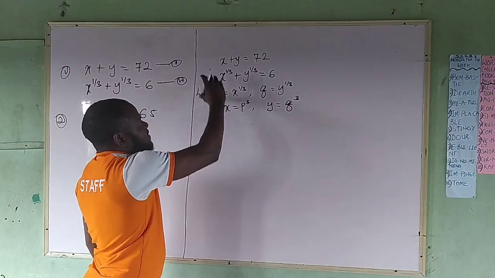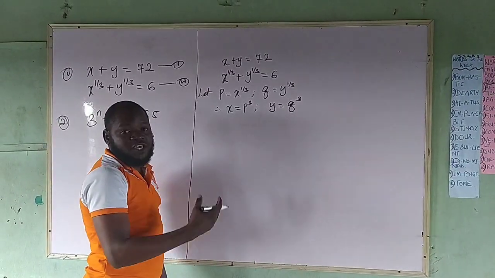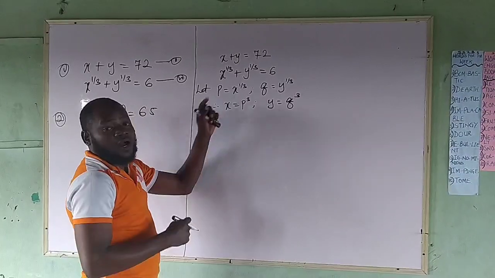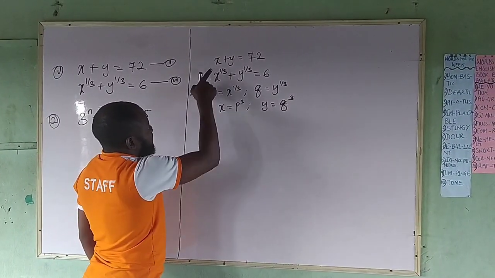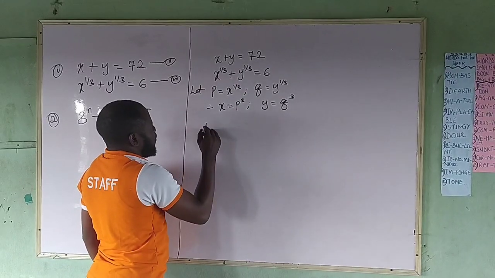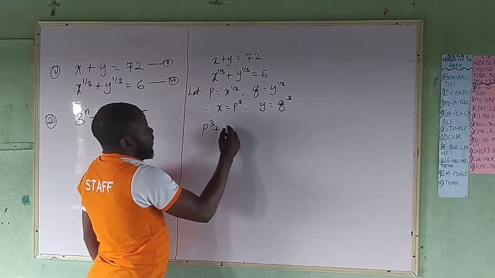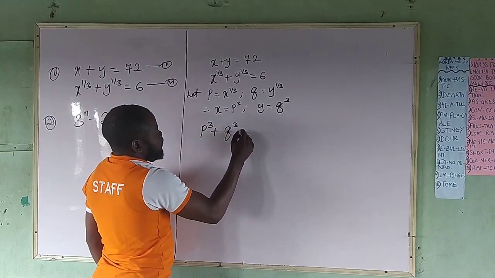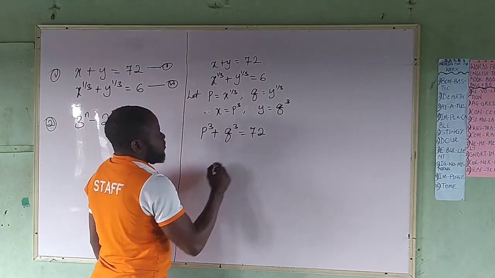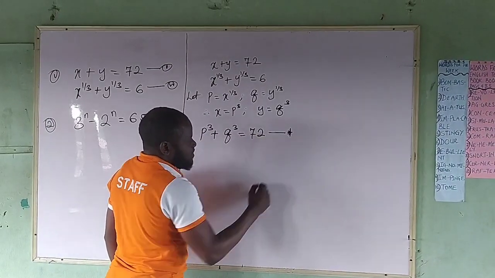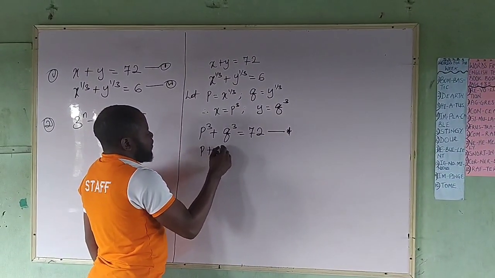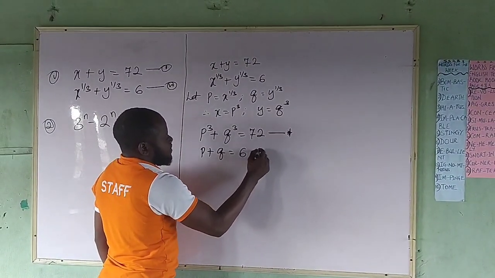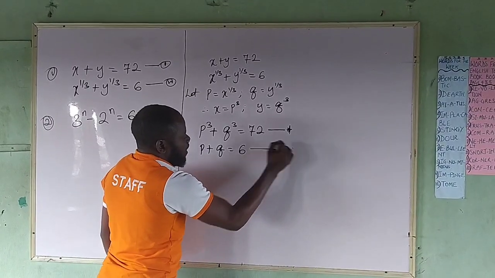So we can then rewrite the equation in terms of p and q instead of x and y. So for that reason, I'm going to be having x plus y become what? p cubed plus q cubed equals 72, and this will be my new equation star. And the second equation will become p plus q equals 6, and this will be equation star star.